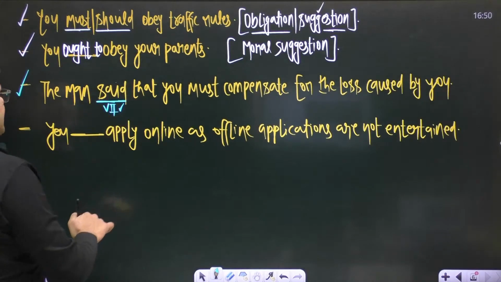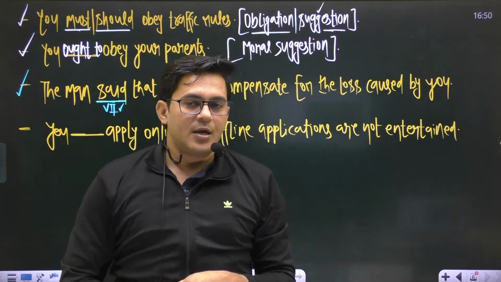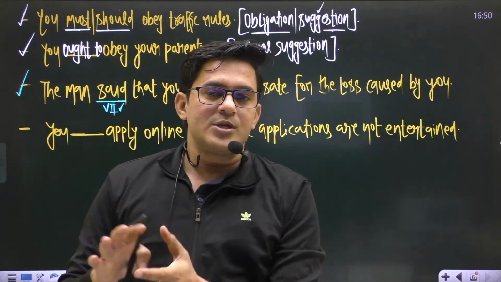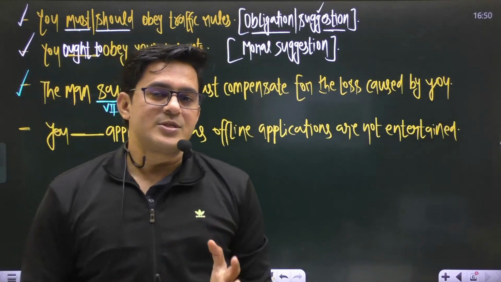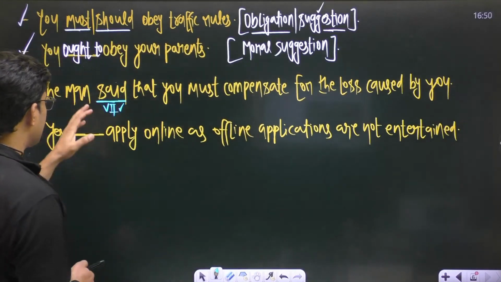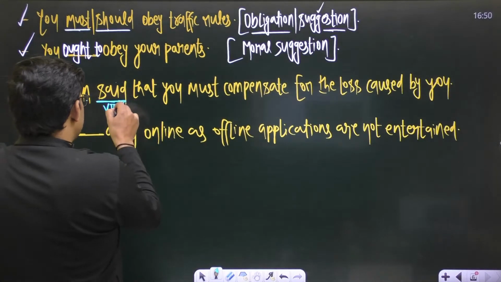In tense, I told you a concept: if the first clause is in past tense, all other clauses will also be in the past tense. So in the first clause you have the second form of the verb say, so this is past tense.